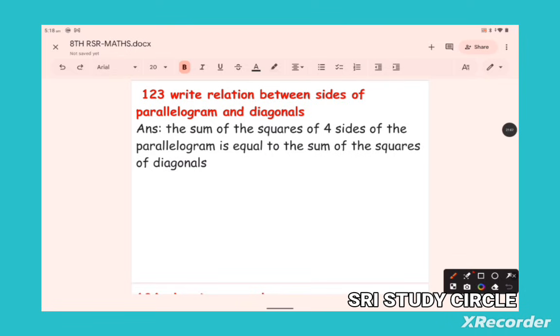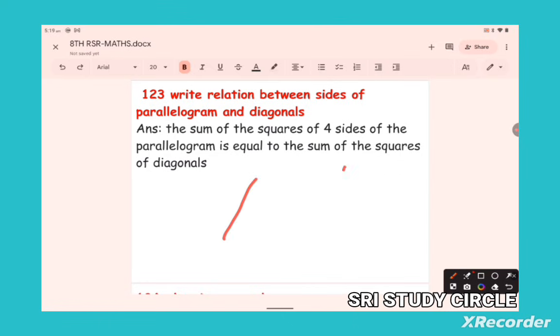Write the relation between sides of a parallelogram and diagonals. The sum of squares of four sides of a parallelogram is equal to the sum of the squares of the diagonals.